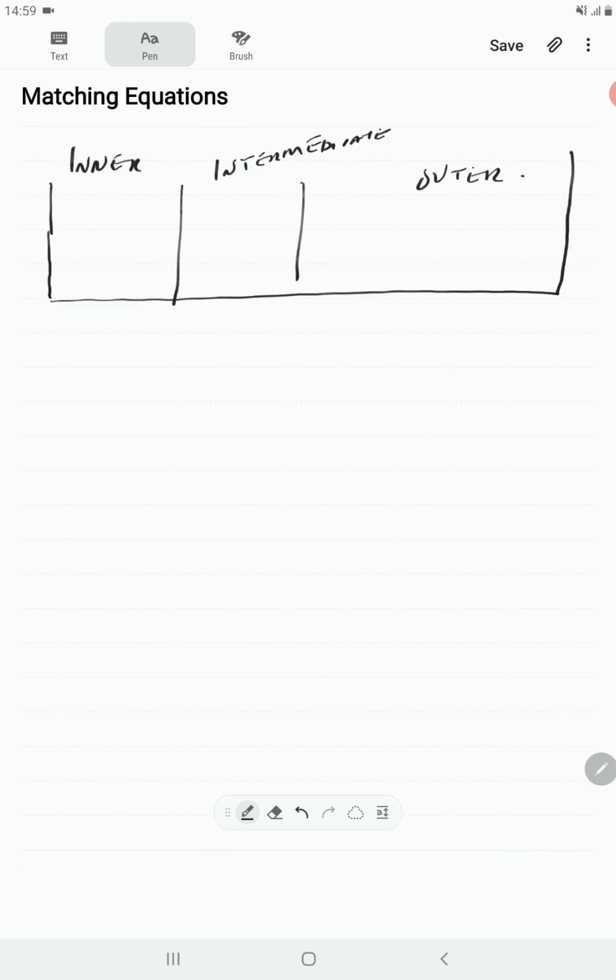In the boundary layer, we introduced a scaled variable xi. In the outer region, we use the original variable x, and in the problem that we worked on, the relationship was x is equal to epsilon times xi.